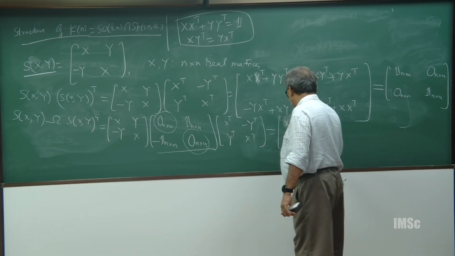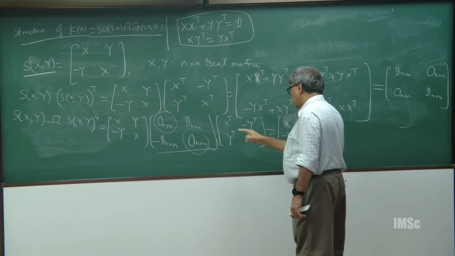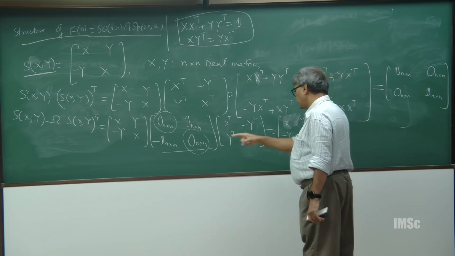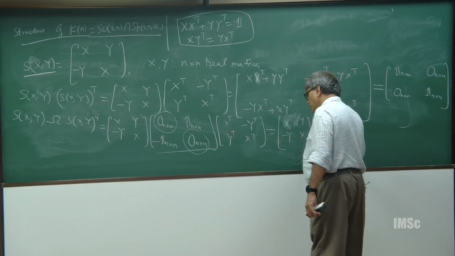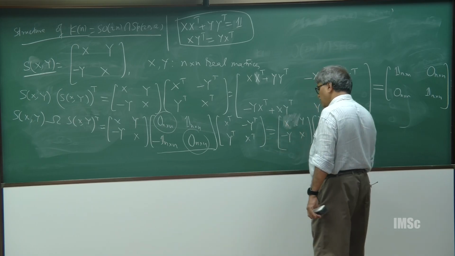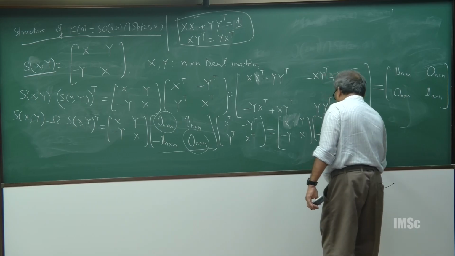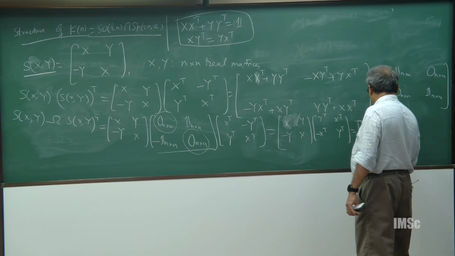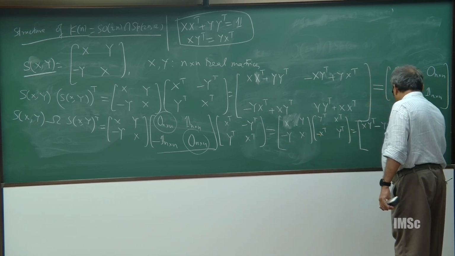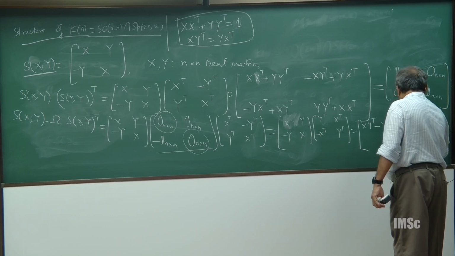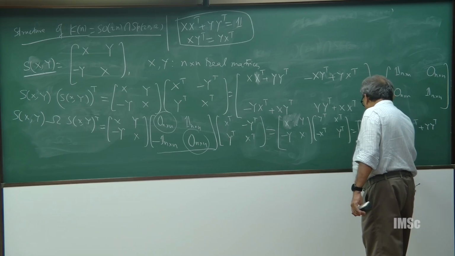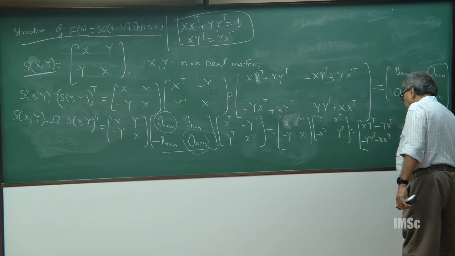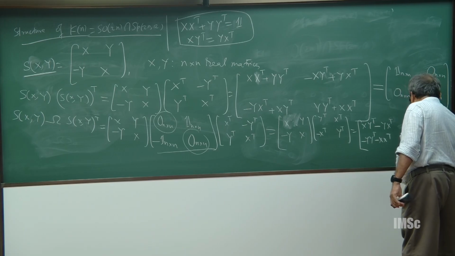So that means this is x y minus y x, and this one will be y transpose, x transpose, x transpose and then minus y transpose, minus x transpose, and y transpose. So this will be x y transpose minus y x transpose, and then x transpose plus y transpose, and this one is minus y transpose minus x transpose, and this is minus y x transpose plus x y transpose.